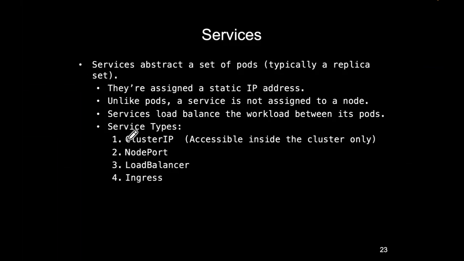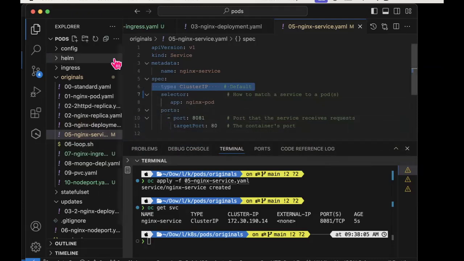And in our manifest file, I'm saying that this manifest is for the kind service, but what type of service do you want to create? And so here we're saying it's a cluster IP type service.